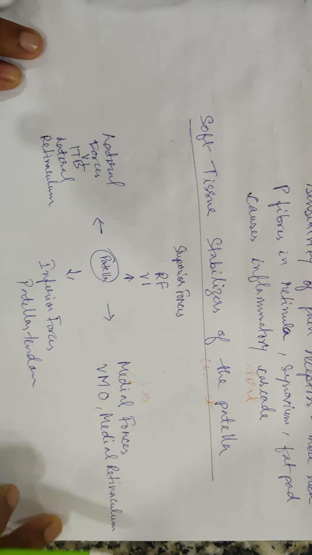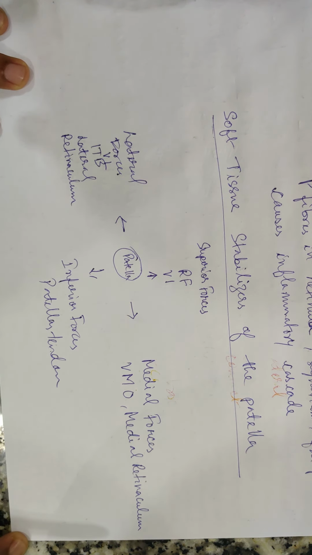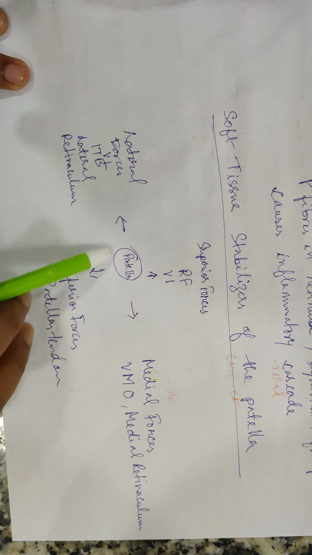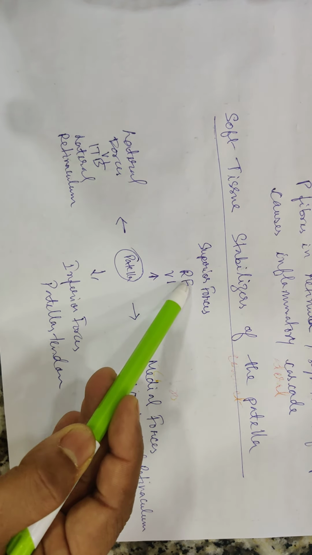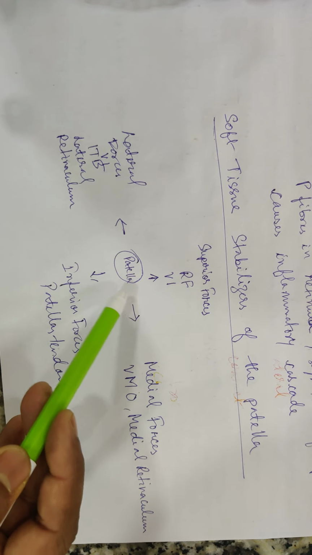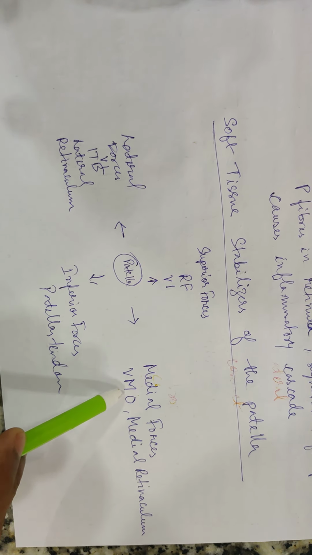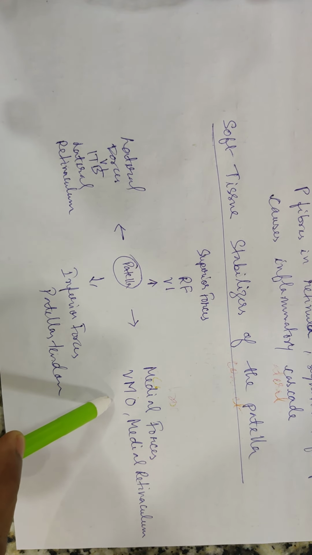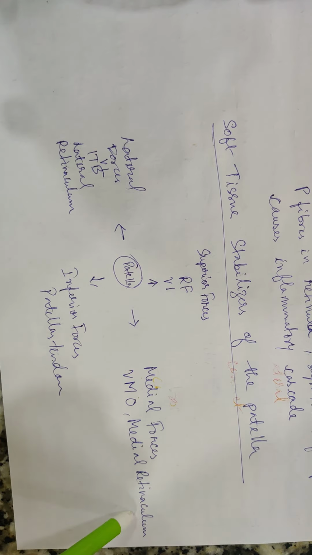Now we have already discussed in the diagram the soft tissue stabilizers of the patella. If you see the patella in the middle, in the superior there will be the rectus femoris and vastus intermedius pulling up. You can see medial forces like the vastus medialis obliquus, the VMO, which is responsible for the medial pull, and the medial retinaculum.